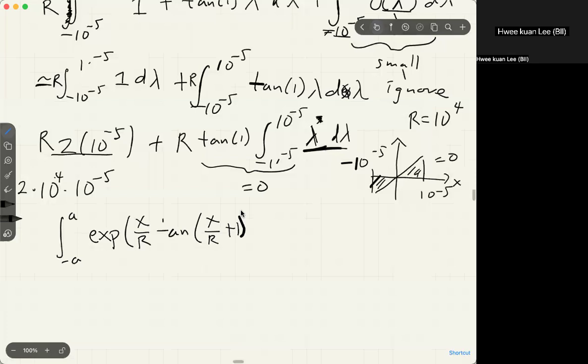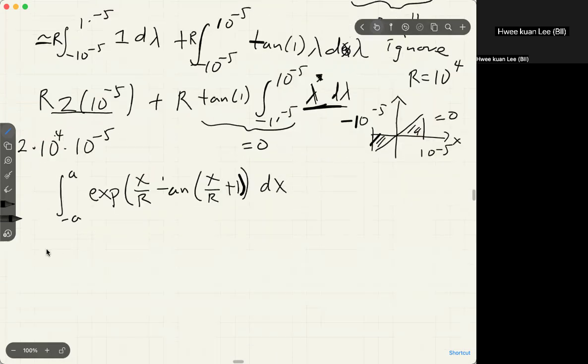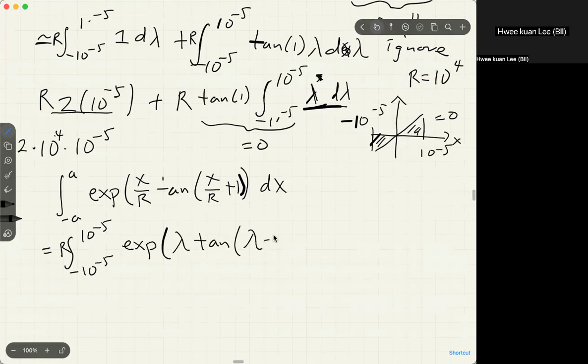This terrible integral will be equal to the integral from minus 10 to the minus 5 to 10 to the minus 5 of e to the lambda tangent of lambda plus 1 — that is exactly equal.